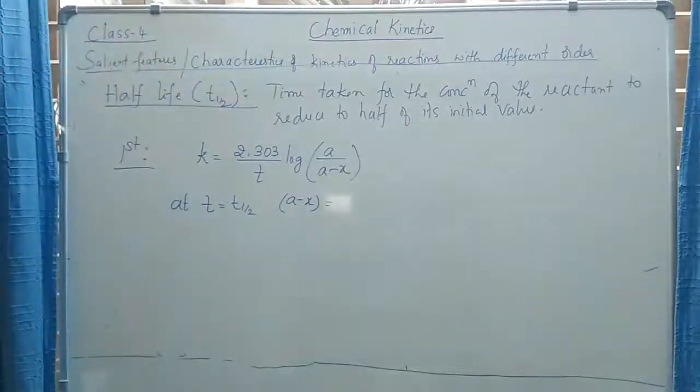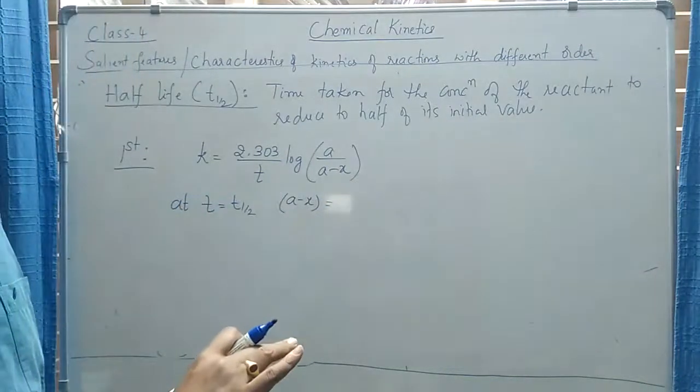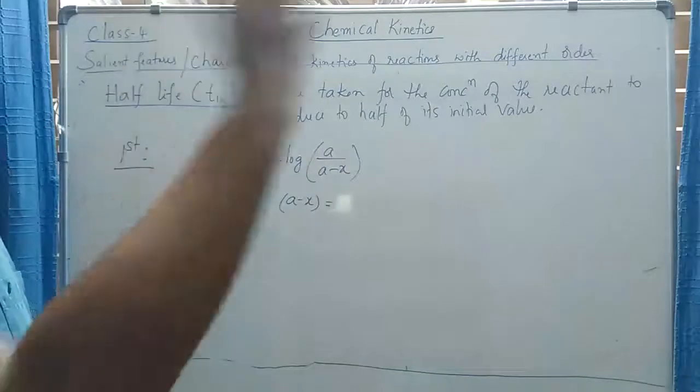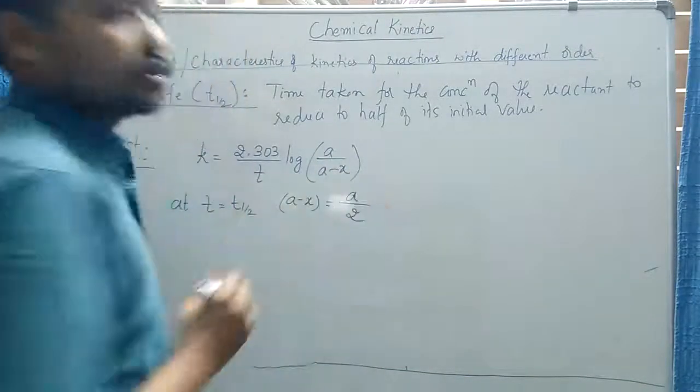Remember, what is T half? It is the time taken for the concentration of the reactant to reduce to half of the initial value. So the concentration of the reactant remaining unreacted will be half of the initial value, that is A divided by 2.